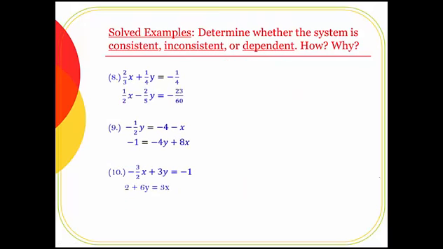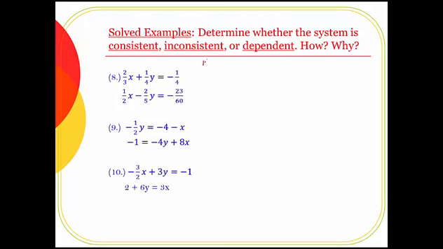Question 8. We are coming there. Now we have these fractions, and some people get scared of fractions. If you have fractions and you don't like fractions, what should you do? Find the LCD and multiply by the LCD so that you can have only integers. So what's the LCD of 3, 4, 4? That is 12.